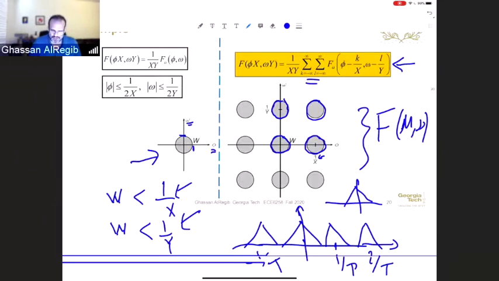It's the same concept here. That's why we are introducing a rectangular one, because now you do the same thing but in the 2-dimensional case. And now we don't have one capital T, we have two of them. We refer to these as 1 over x and 1 over y. So you continue: this is 2 over x, this is negative 1 over x, and so on. The limits for k and l are between negative infinity and infinity. You repeat that throughout the whole two-dimensional plane in the frequency space.